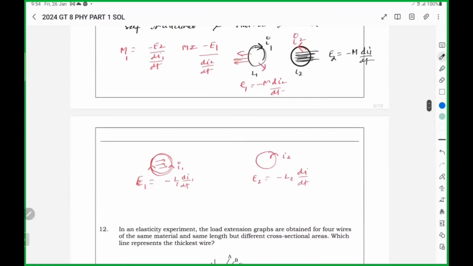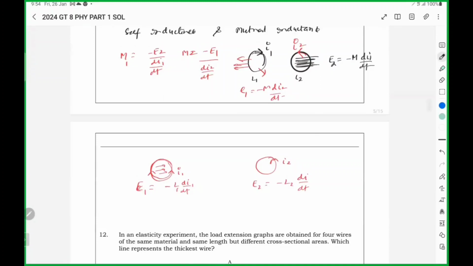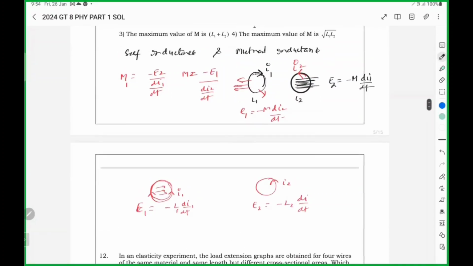Now we have to establish a relation between L1, L2 and M. Here M1 and M2 are the same. I will write M1, M2, which is the same.